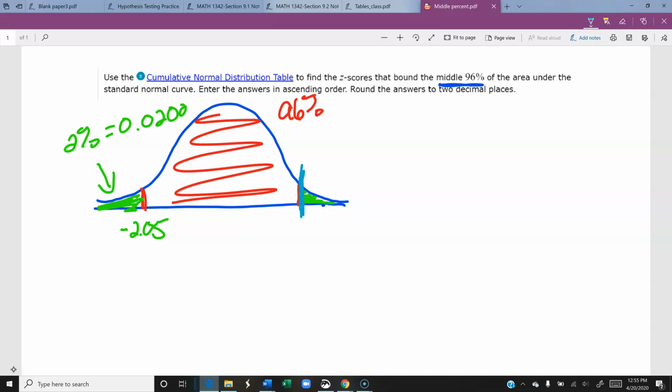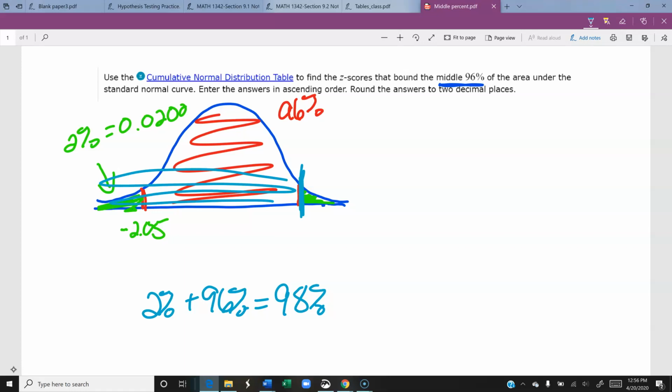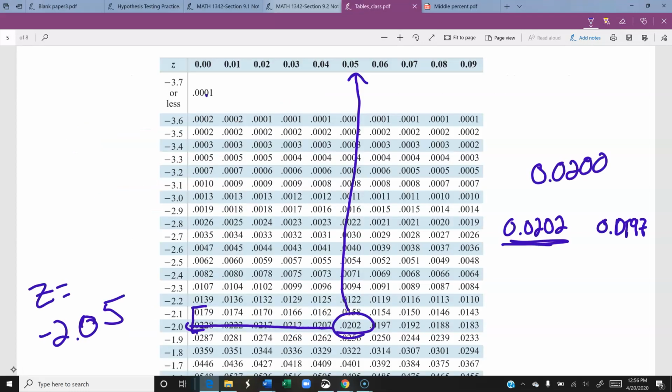I'm looking at this line, and I look at everything to the left. Well, everything to the left is that 2% plus the 96%, which would be a 98%. So all of this area to the left is 98%, or a 0.9800. So I go to the table again, and I'm going to do the exact same thing.